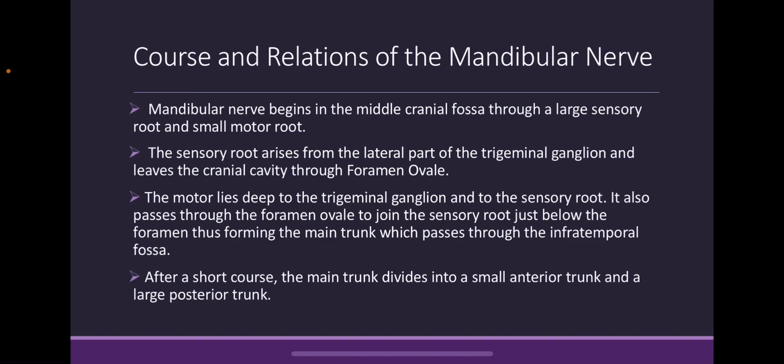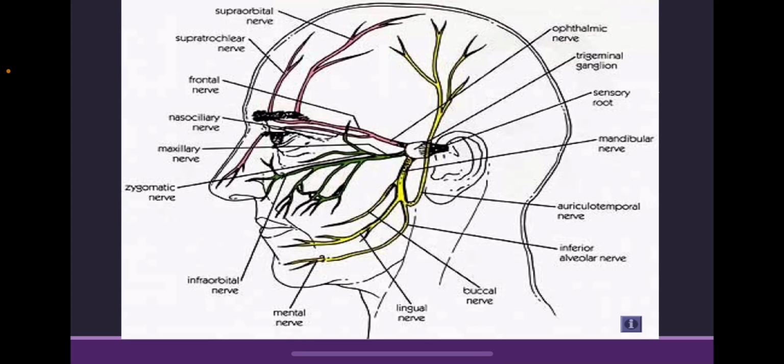It also passes through the foramen ovale to join the sensory root just below the foramen, thus forming the main trunk, which passes through the infratemporal fossa. After a short course, the main trunk divides into a small anterior trunk and a large posterior trunk, as you see in here.